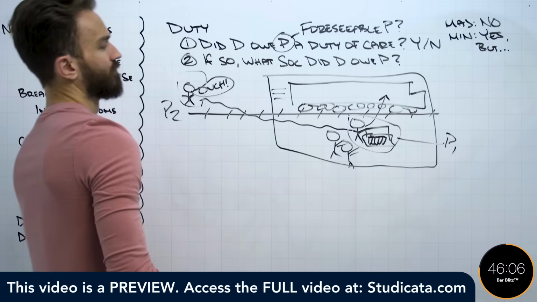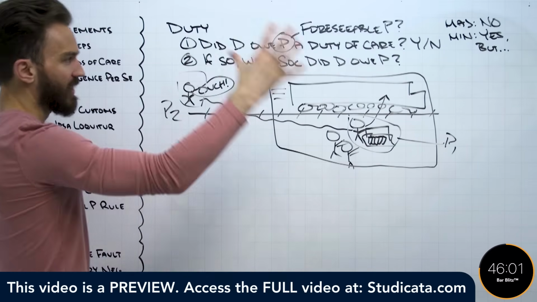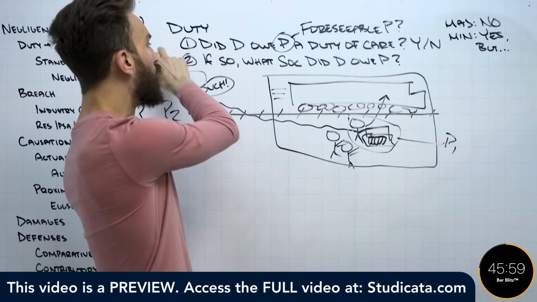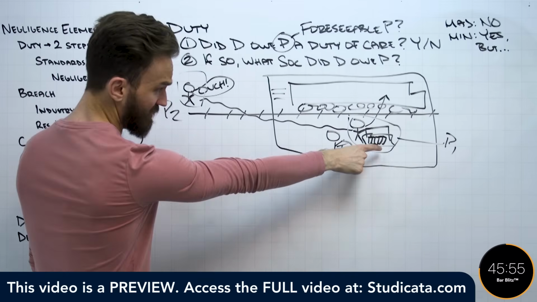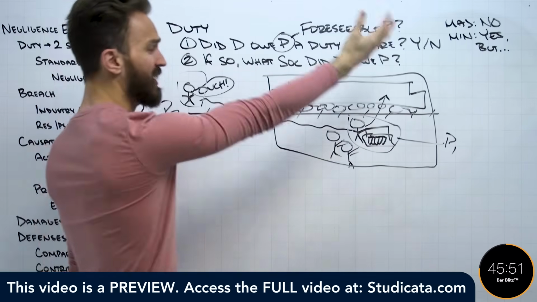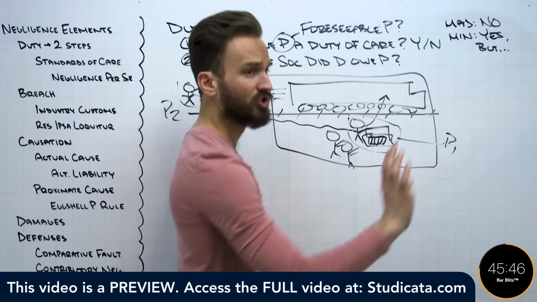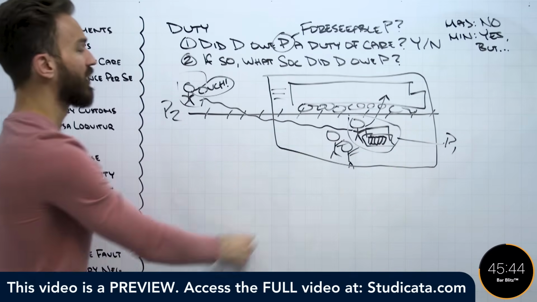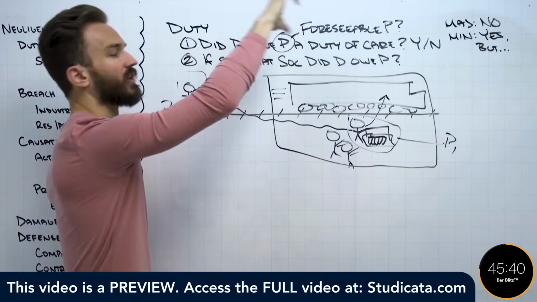And when you have that type of thing where you have multiple plaintiffs, that's a hint that maybe we have more issues with duty. Obviously this guy's within the zone of foreseeable danger. Obviously the railroad employees under any approach owe a duty to a patron they're pushing onto the train. That's more straightforward. But someone way outside on the other side of the track, everything we just talked about.